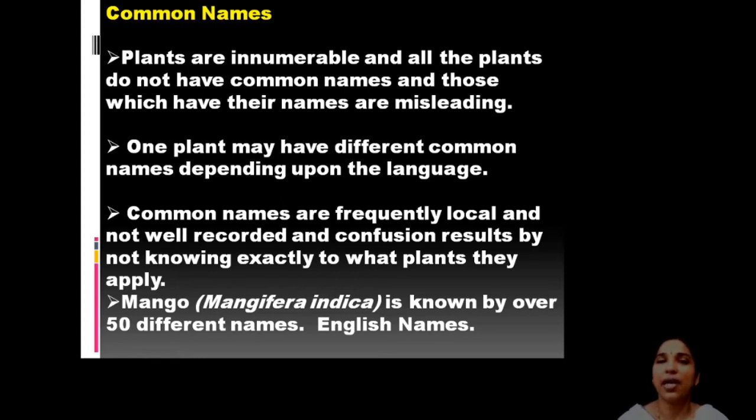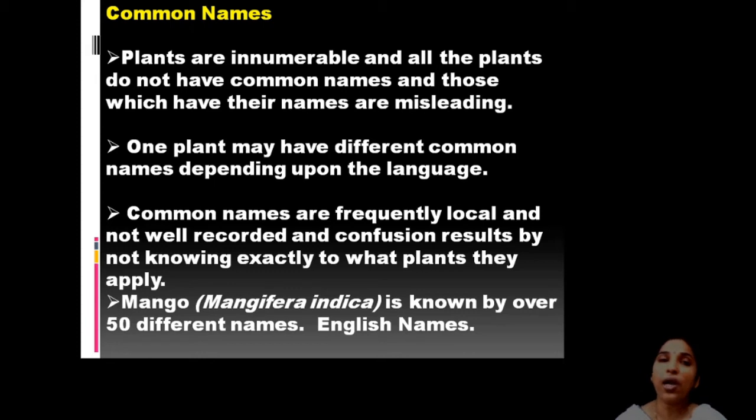Okay, but the item is the same but known by different names. So this may cause confusion. One plant may have different common names depending upon the language. This is not a scientific way. So we have to avoid this and follow a proper scientific naming system.